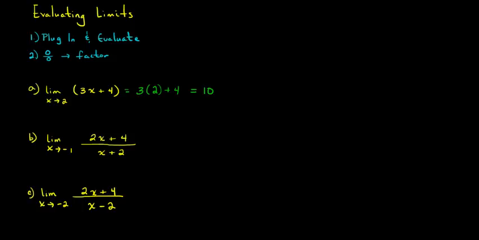Going on to part B, we can again do the same exact thing here. So I would simply substitute the value of x equals negative 1 into our variable here, and I'd have 2 times negative 1 plus 4 all divided by negative 1 plus 2, and let's see what I get. 2 times negative 1 is negative 2, plus 4 gives me a positive 2, and then negative 1 plus 2 is a positive 1, and we know that 2 divided by 1 is simply 2.